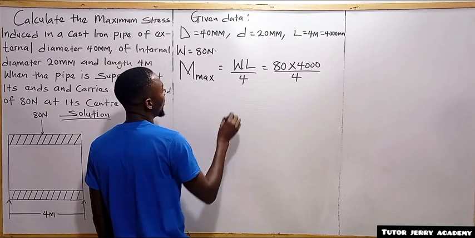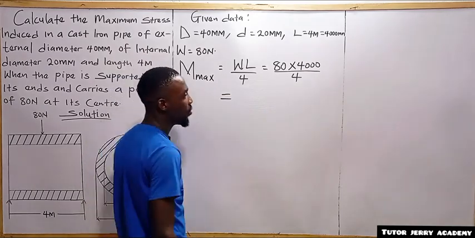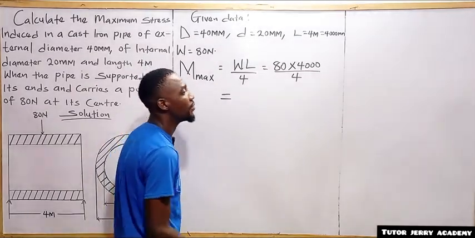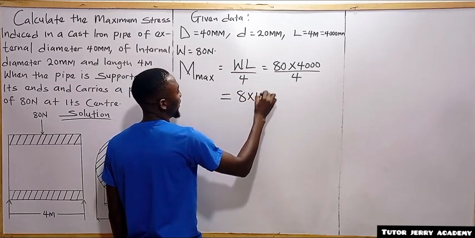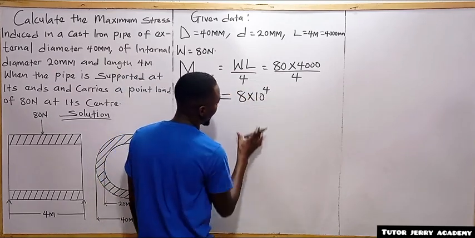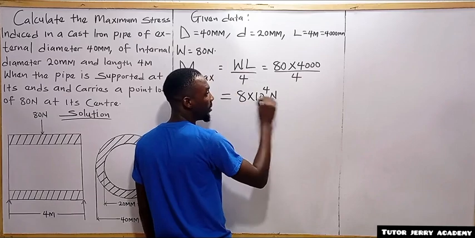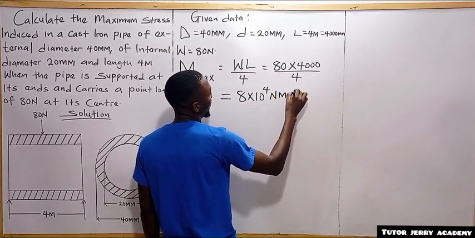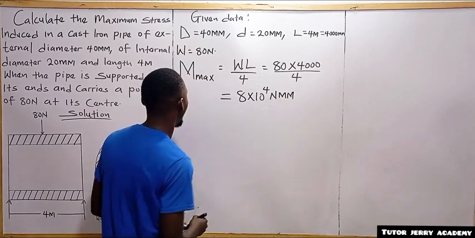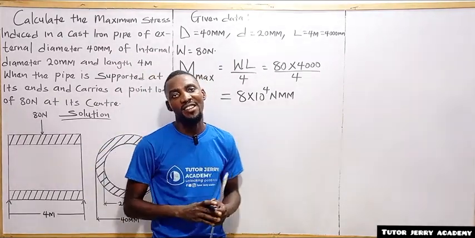If you do this, you are going to get the maximum bending moment equal to 8 times 10 to the power of 4, that is 80,000 Newton millimeter.